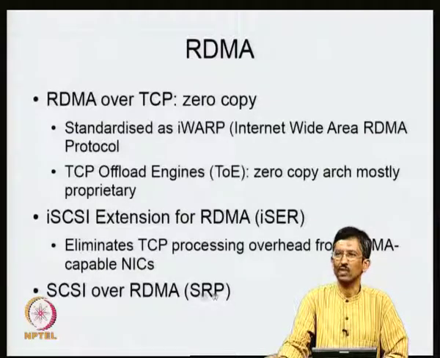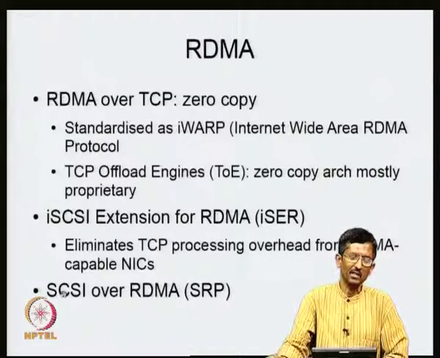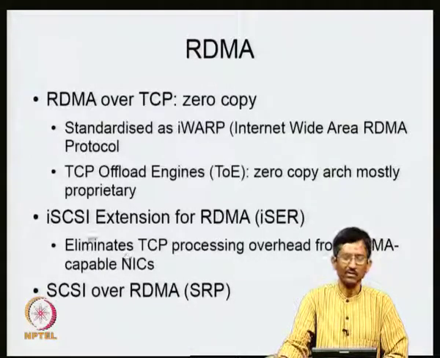That also has been attempted. Instead of going through iSCSI, this is the original protocol that came in the early 2000s, it directly tries to layer SCSI over RDMA. So what we are talking about right now is iSCSI over RDMA over TCP. Okay. This seems to be the one which is used currently.